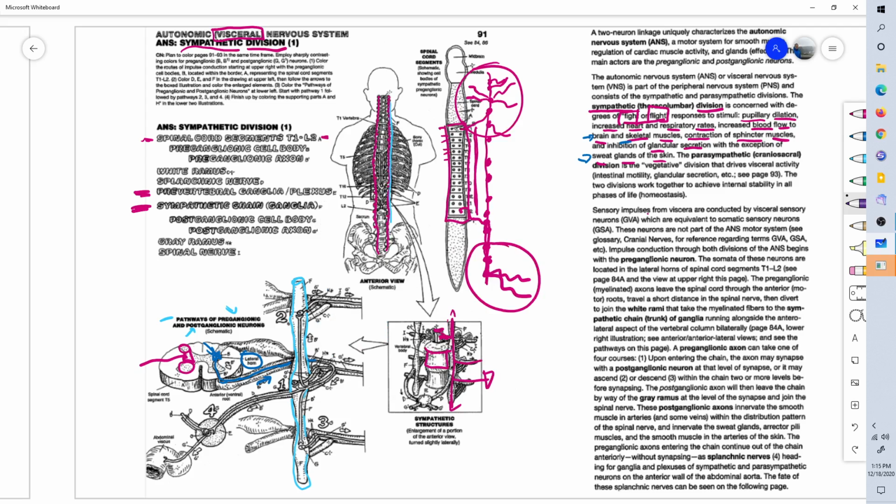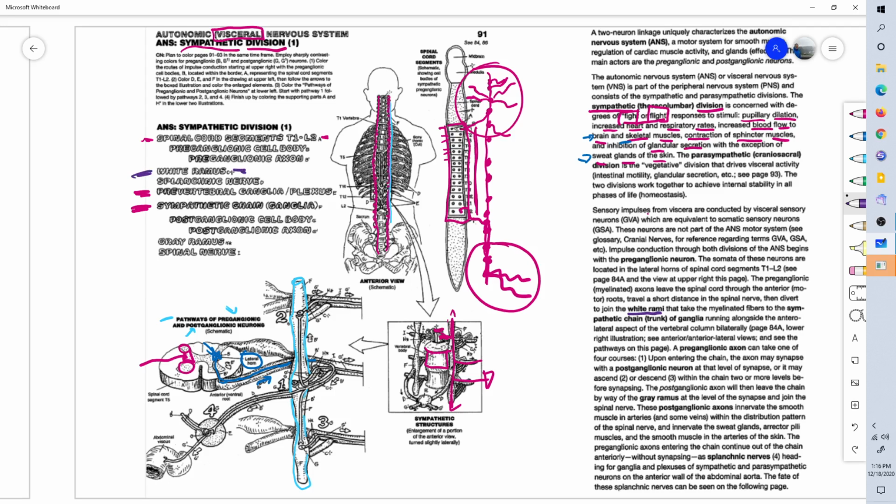And from the spinal nerve, there is a special little pathway, a special little nerve, I guess, called the ramus, the white rami. Rami is plural for ramus, the white ramus.